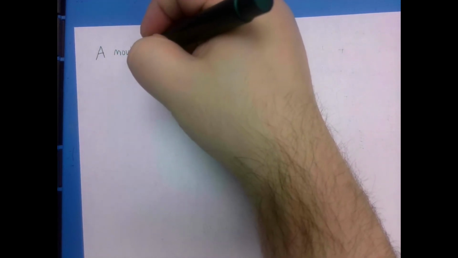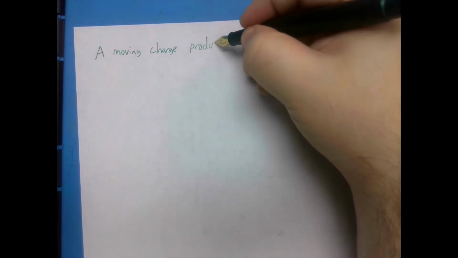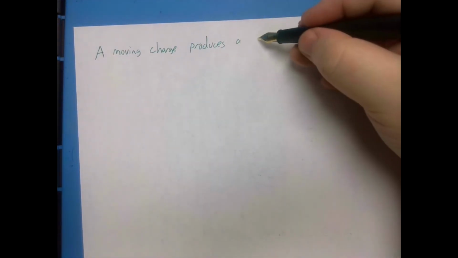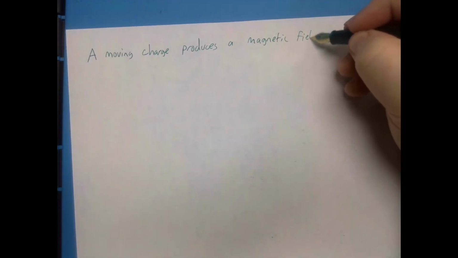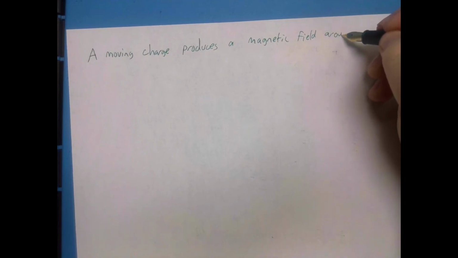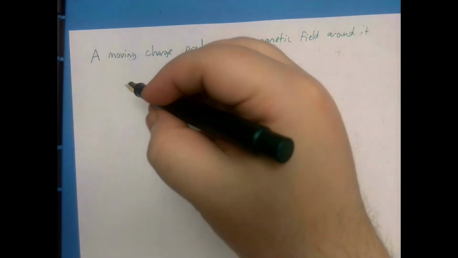A moving charge produces a magnetic field around it. So a moving charge produces a magnetic field around it.